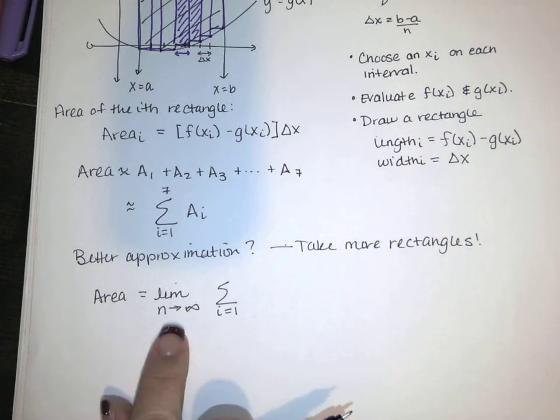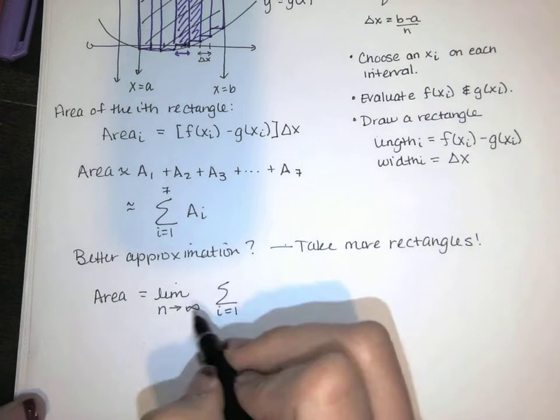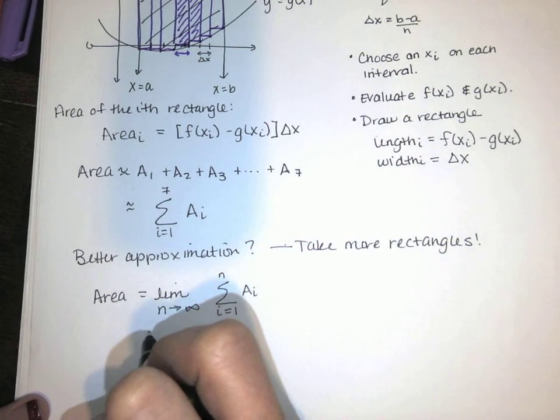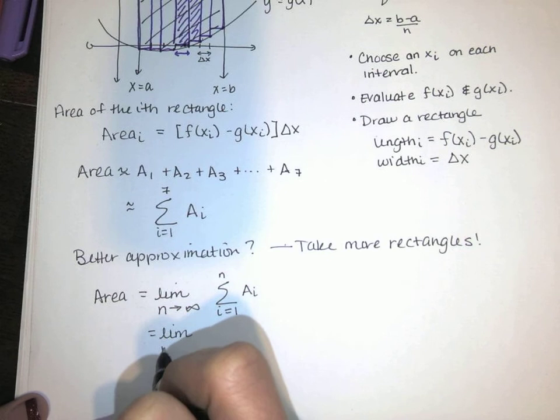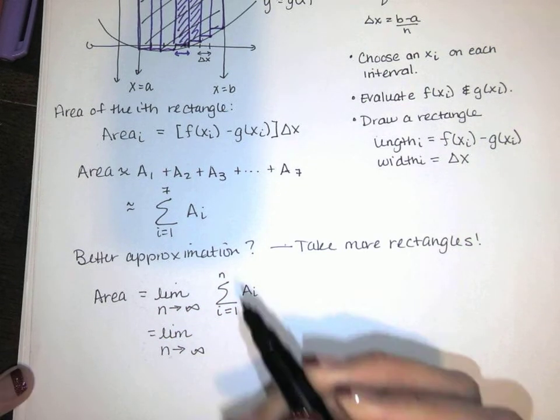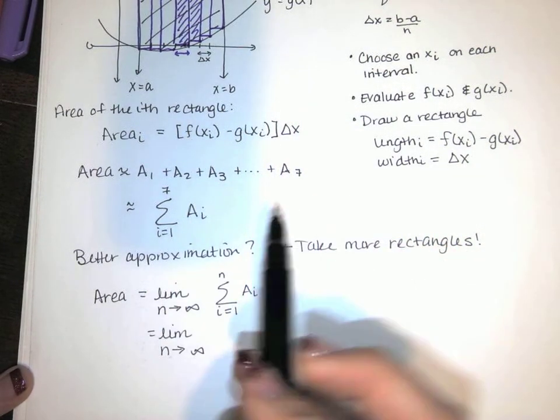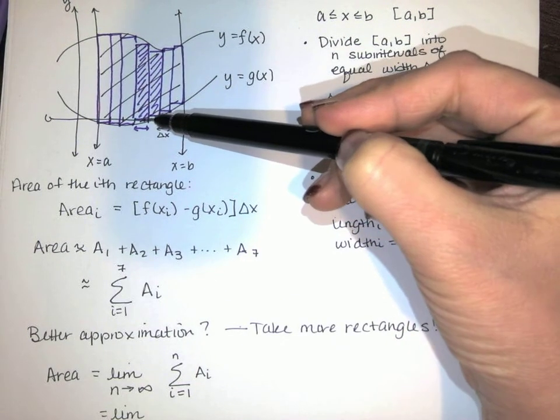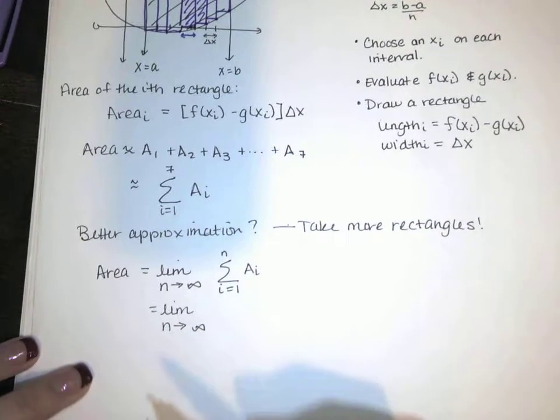But we want to let n, the number of rectangles, go to infinity. So we want i to go from 1 to n, and this to be a sub i. And we just saw earlier that a sub i, well, that's right here. The top function minus the bottom function, that's the length. And the width is just delta x.